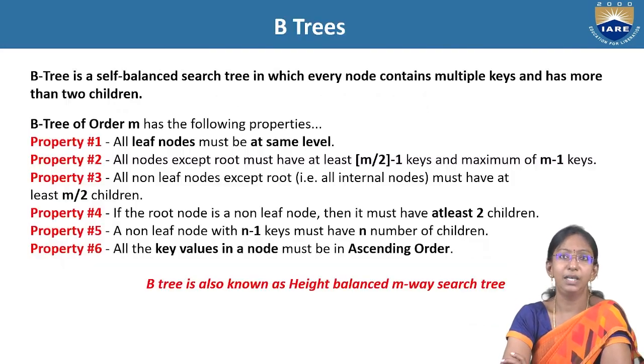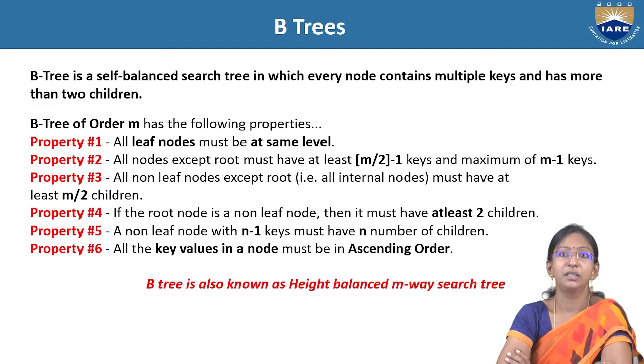So let's go with the properties of B trees. B tree is a self-balanced search tree with multiple keys and has more than 2 children. The first property is all leaf nodes must be at the same level.